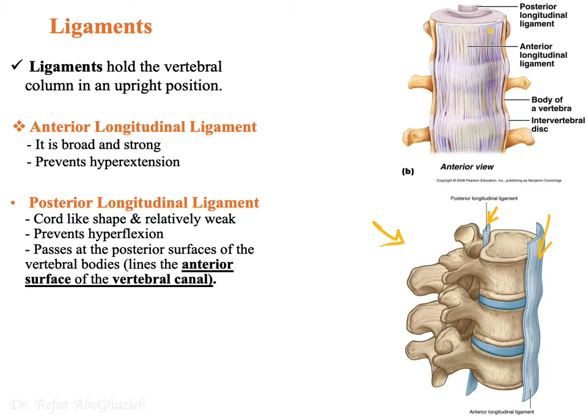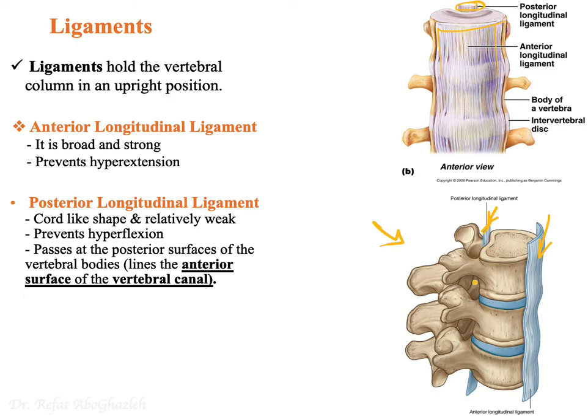Here is the anterior, my friends, and here you see the posterior, which is cord-like. It's weaker than the anterior, that's fine, but it prevents hyperflexion. Just imagine how you do a flexion, and it prevents over- or hyperflexion, right? So it passes posterior to the surface of the vertebral bodies.